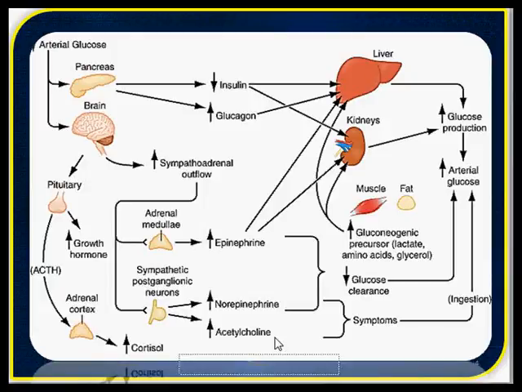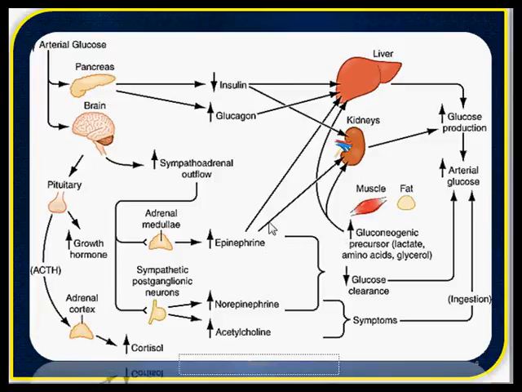So, these neurotransmitters, epinephrine, norepinephrine and acetylcholine, produce the symptoms of hypoglycemia, the adrenergic and cholinergic symptoms of hypoglycemia.